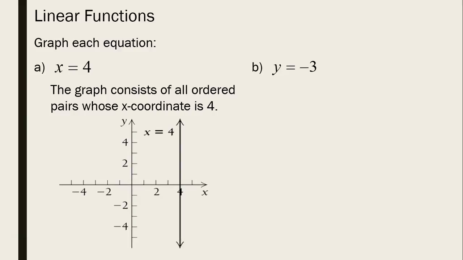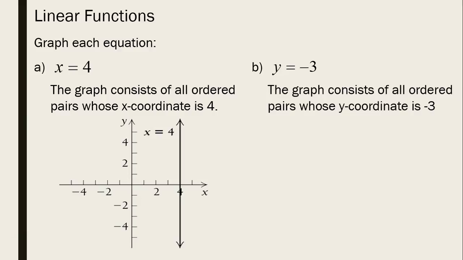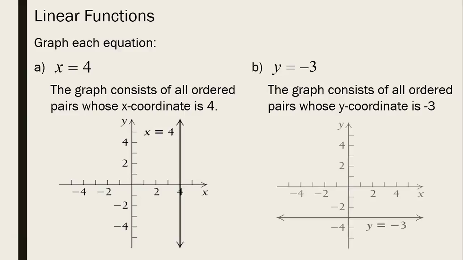So that would be a vertical line. Every point on this line has an x coordinate of 4, but we have lots of different y coordinates along that line. For y equals -3, we would have a graph that has all ordered pairs with y coordinates of -3. So that would be a horizontal line.